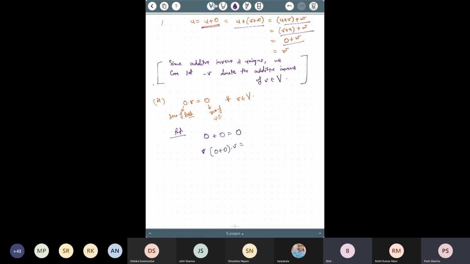Yes, sir. So what is this 0? In the first line, this 0 is the 0 of the field, 0 plus 0, and this is of the field. Okay, so then this is what you are saying. We will apply the distributive law here, sir.